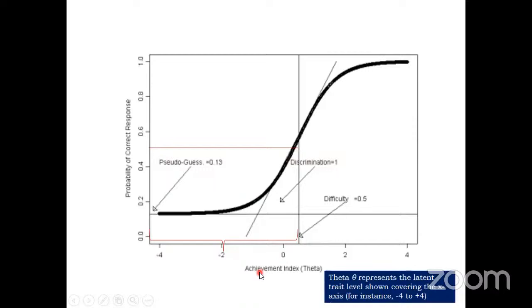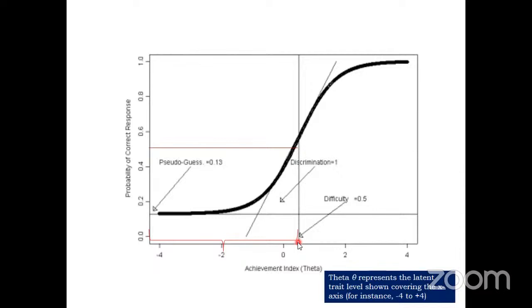This theta level represents the trait level, ranging generally from -4 to +4. It means that this item is located here, and this much level of trait is required to solve this item correctly.